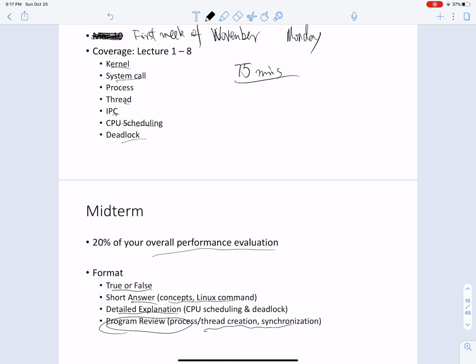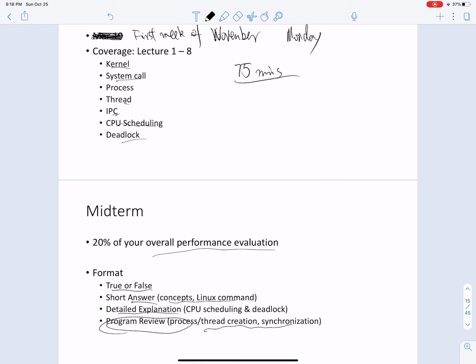So what I ask you to do is, at the beginning of the midterm, I'm going to release the midterm exam paper on Canvas, so that you can check it. You just need to print it out, or if you don't have a printer with you, you don't need to print it. You just work on the answers.